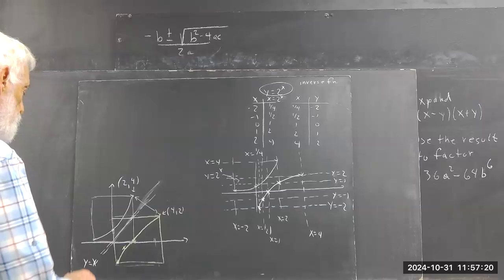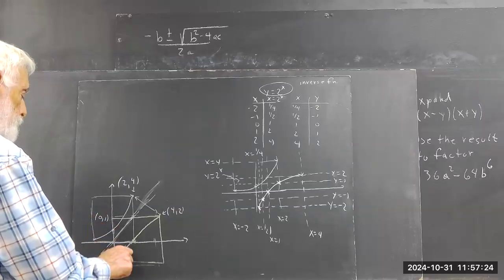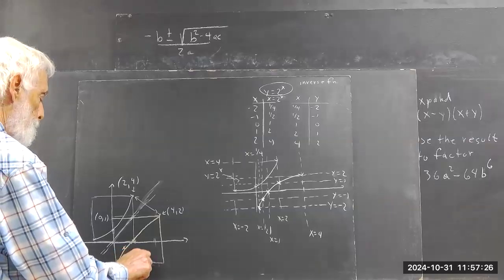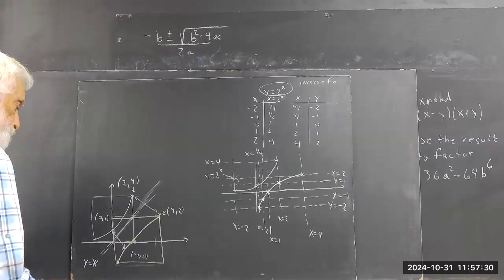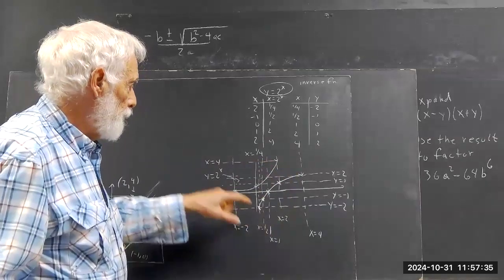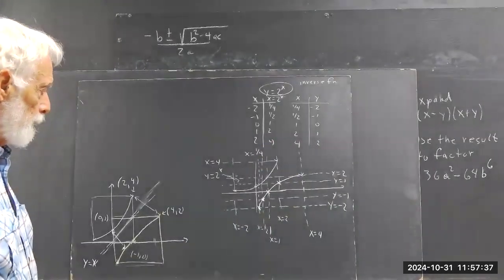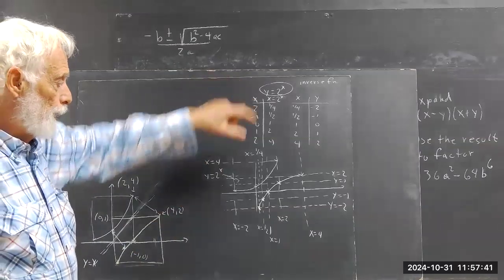This point is -1, 0. And the other points. These points match up with the points that you could get if you did a full construction with this table of the 2 to the x function.